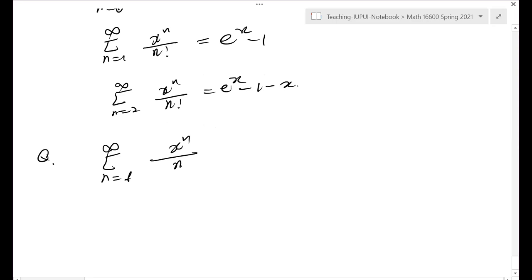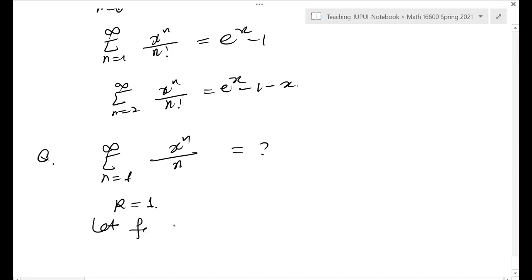I forgot the formulas, so maybe I can recover it. Let's try. First of all, the radius of convergence is 1. It's easy. It's converging when the absolute value of x is less than 1.